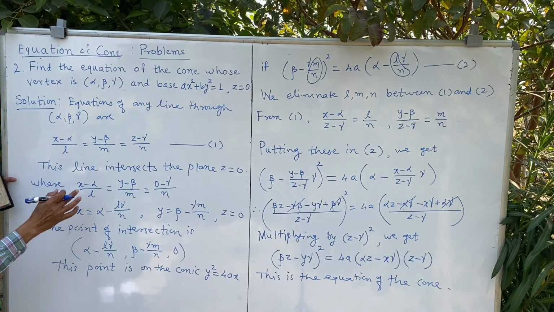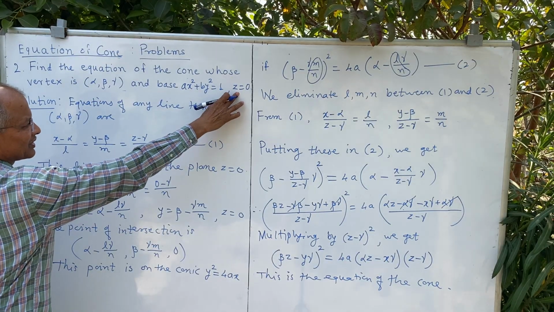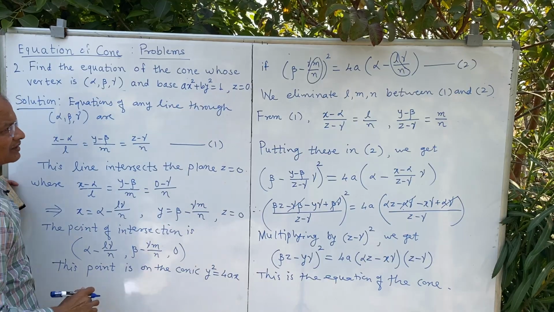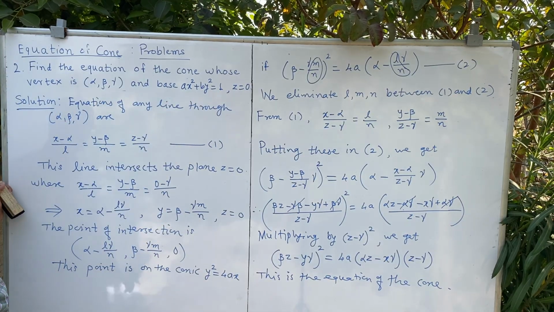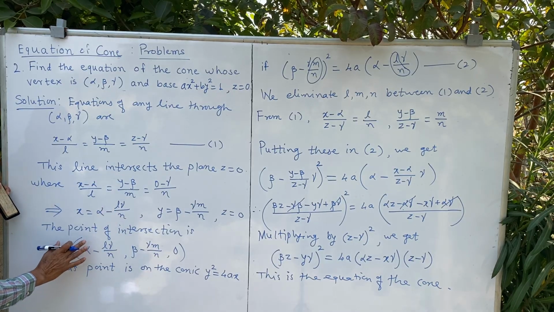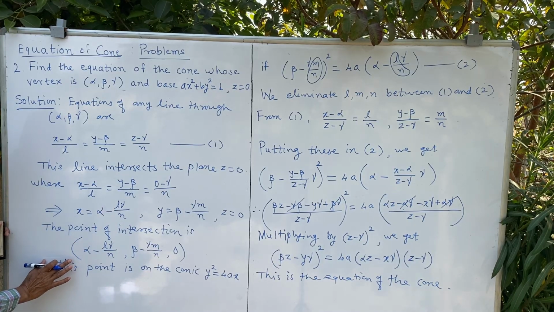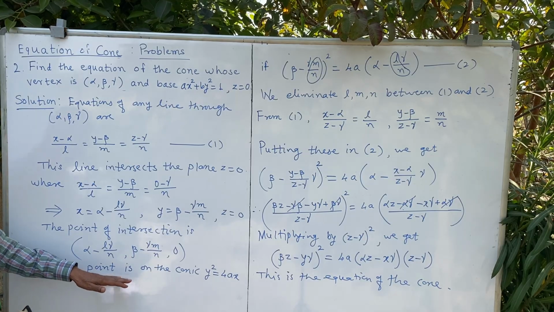Now, this line intersects, again the plane is the same, z is equal to 0. First we shall consider this point of intersection of this line with the plane z is equal to 0, and then we shall use the condition for the base conic. So, the point of intersection is again the same.